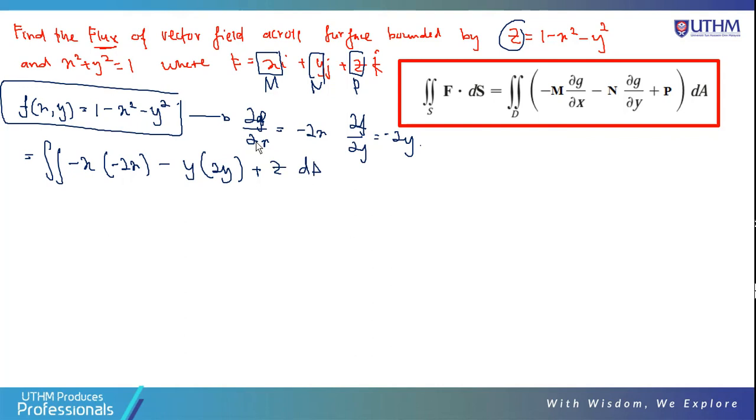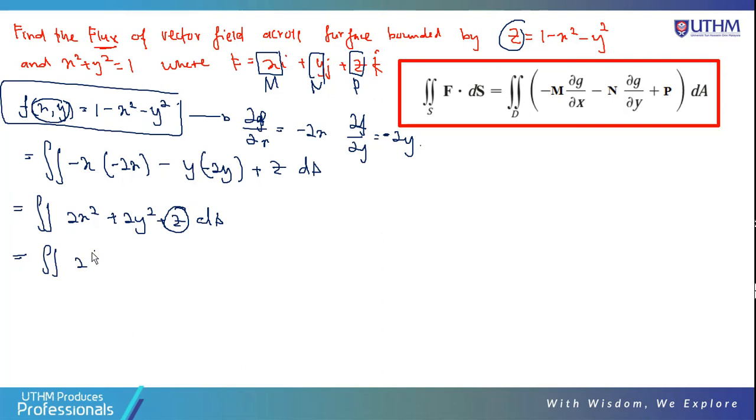So the next step, make sure your terms are in x, y, no more z. So z here you need to substitute. Let's simplify first. This becomes 2x square, and negative times negative 2y becomes plus 2y square, plus z dA, but you need to change z, same as before. All of this surface integral must be in terms of x and y.